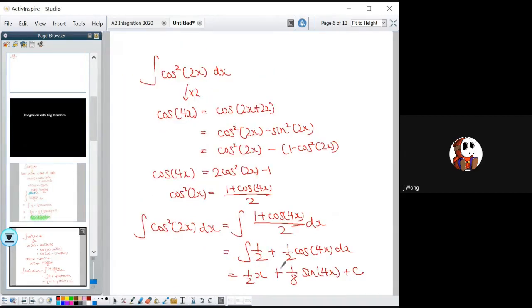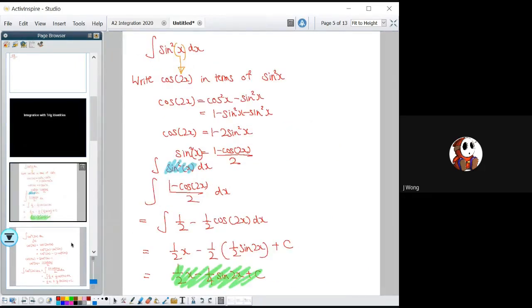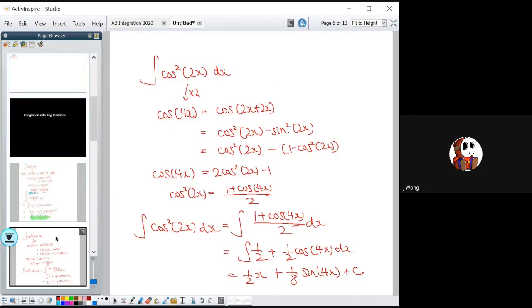Okay. All right. So here, as you can see, when we're integrating sine squared of an argument or cos squared of an argument, we're going to look into using the double angle formula. So we'll use the cos double angle formula, and every time we're just going to double our argument.